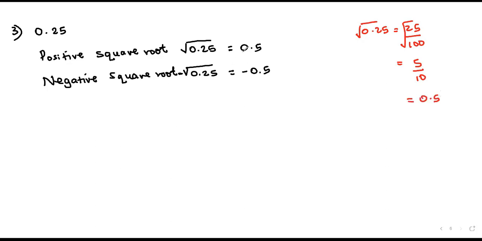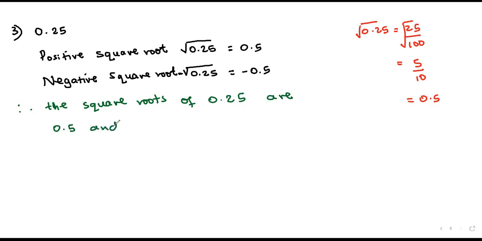So that's why we have the square root of 0.25 as 0.5. So we say that, therefore, the square roots of 0.25 are 0.5 and negative 0.5. Okay, I hope that is very okay.